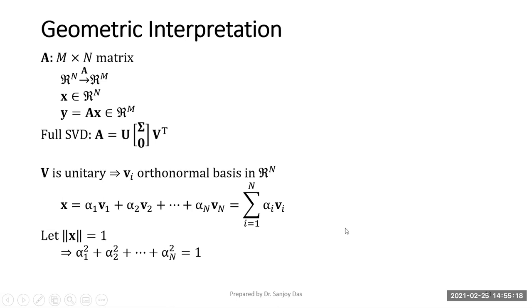Correct? Okay. Now, let's turn our attention to this other matrix, U. U is a unitary matrix, which implies that the columns of U are also orthonormal, just like those of V. So these Ui's can also act as basis vectors or coordinates in this larger space, correct?